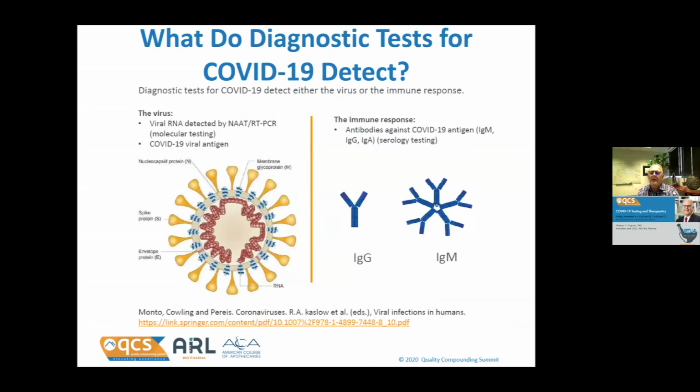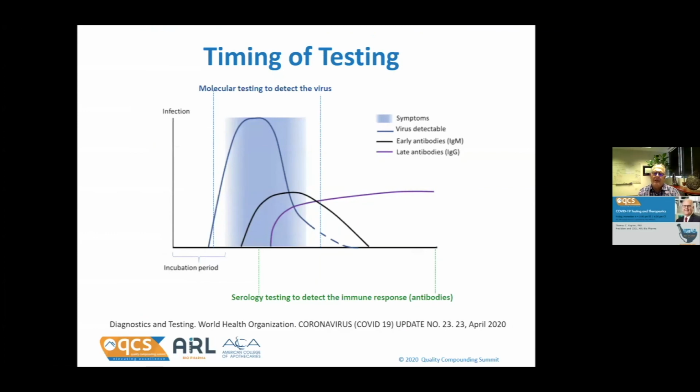So you're looking at IgG and IgM, and I tried to present data for both pros and cons of each, including the limitations of each. But for the molecular test, the timing of the testing is really important.